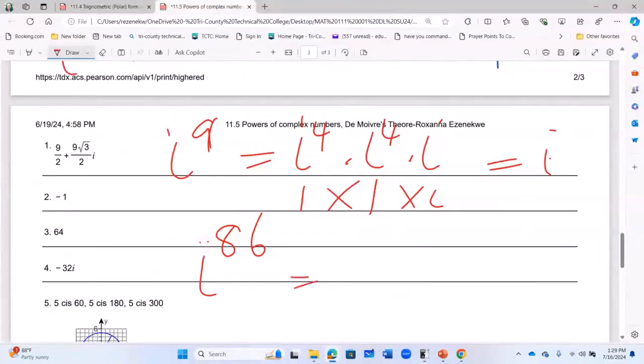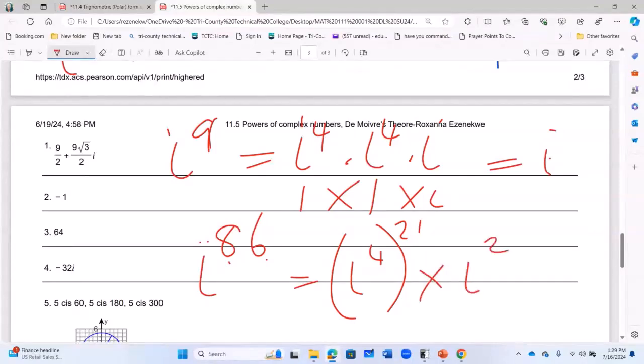I already know that if I divide 86 by 4, I get 21. So I have i to the power 4, 21 times, then multiplied by i to the power 2.